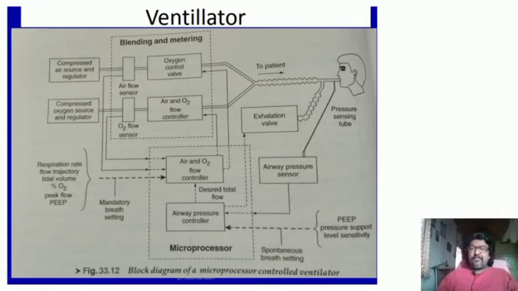So in case there is an infection, in case the lung does not function properly, in case the patient is so feeble that he cannot breathe on his own, in case the patient is in a coma stage, maybe like an old person or a person who met with an accident or trauma, those patients may not breathe properly.